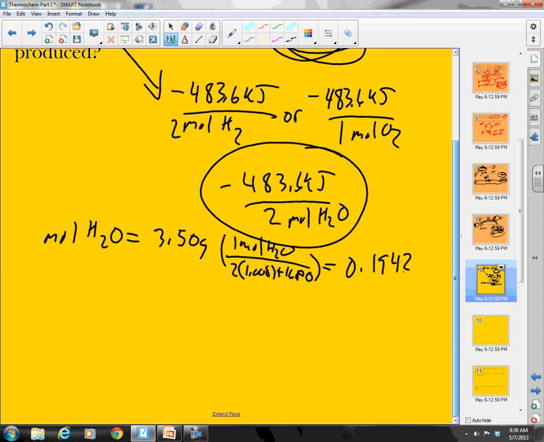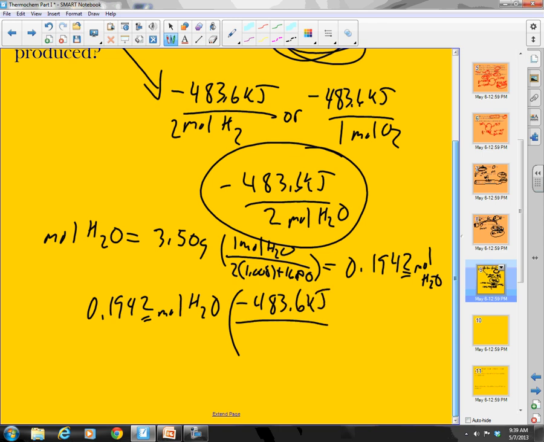I have 3, so I want to carry at least 1 more. Moles of H2O. Now what do I do? Well, what do I know? I have 0.1942 moles of steam times a negative 483.6 kilojoules per 2 moles of steam, right?